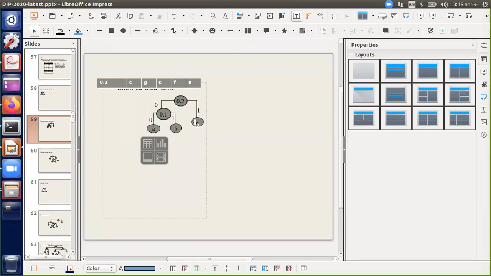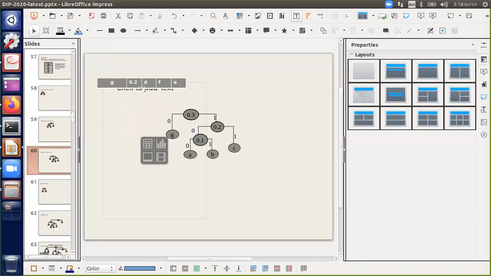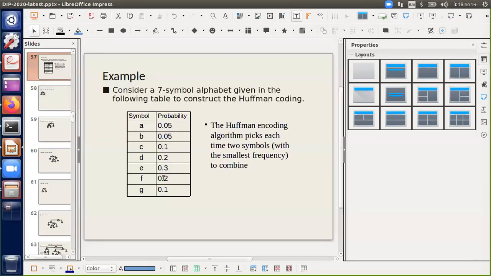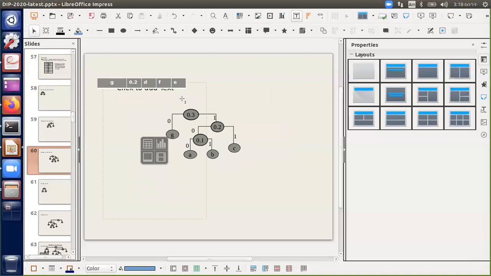Since there are 3 symbols, the 3 symbols are occurring 0.2 times. Again, after merging ABC, we have to sort them. Which one comes first? Since the merged tree has 0.2 probability and G has 0.1 probability, G comes first, followed by the 0.2 tree, D and F with 0.2 probability, then finally E with 0.3. So now we can merge G with the 0.2 tree.